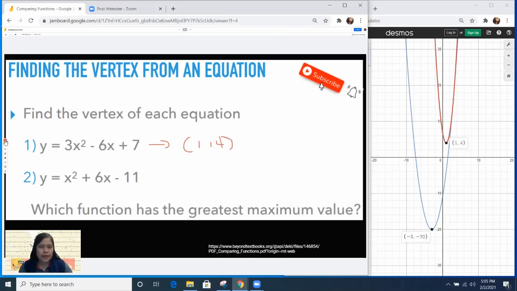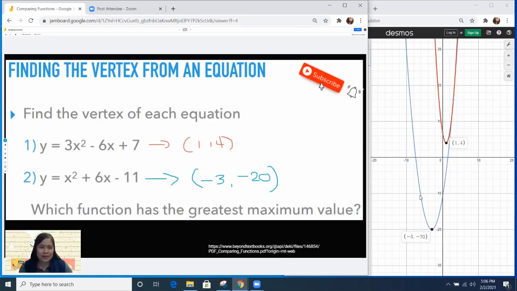And the vertex for the second equation, we have (-3, -20). So which function has the greatest maximum value? Uh-oh, look at this one. Both of the graphs have a minimum value.